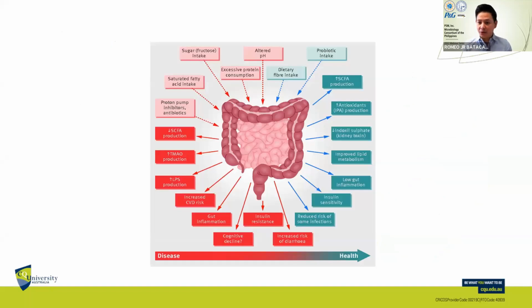This is a schematic representation of the role of the gut microbiota in health and disease, giving some examples of the inputs and outputs. For example, intake of dietary fiber and probiotics can increase short-chain fatty acid production, improve lipid metabolism, reduce risk of infections, and decrease gut inflammation.